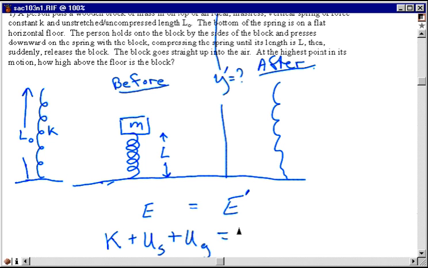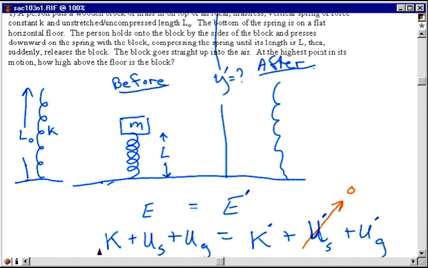Those are all the kinds of energy that I can have here. That's a big U there. And put primes on all those. And then recognize there's no spring potential energy in the after picture.